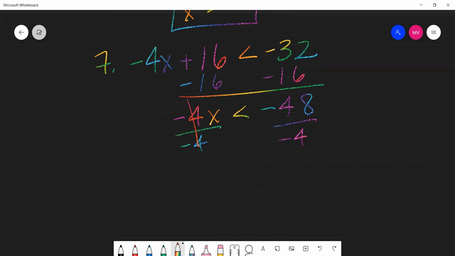What's my solution? X first off, if we're dividing a negative by a negative, we know our answer is going to be what? Right. 4 goes into 4, how many times? 4 goes into 8, how many times? And we end up with 12. So X is greater than 12. Good job. All right, we're getting this.